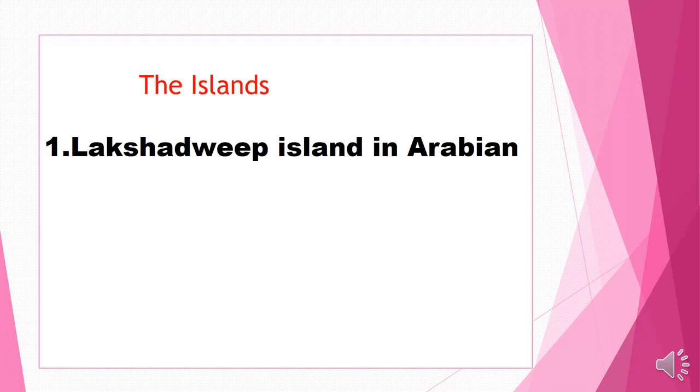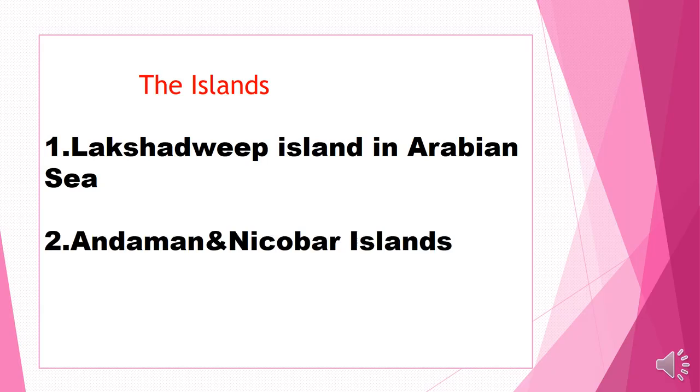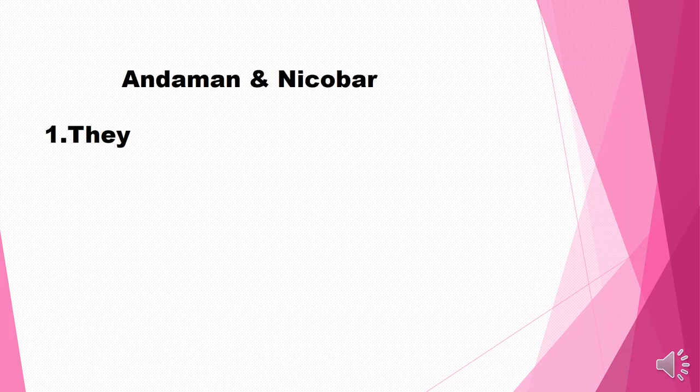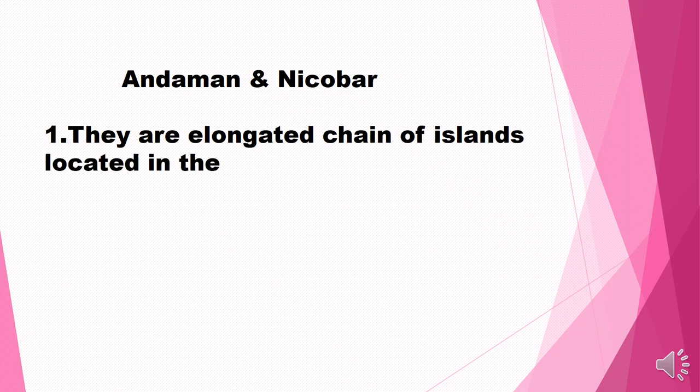And we will discuss the islands. In our country we have two groups of islands, Lakshadweep and Andaman and Nicobar. Lakshadweep is located in the Arabian Sea, and Andaman and Nicobar in the Bay of Bengal.